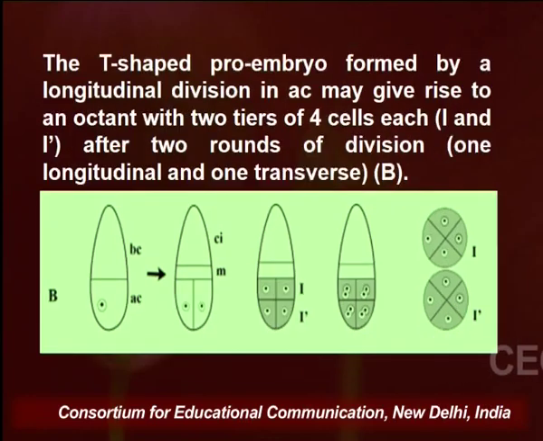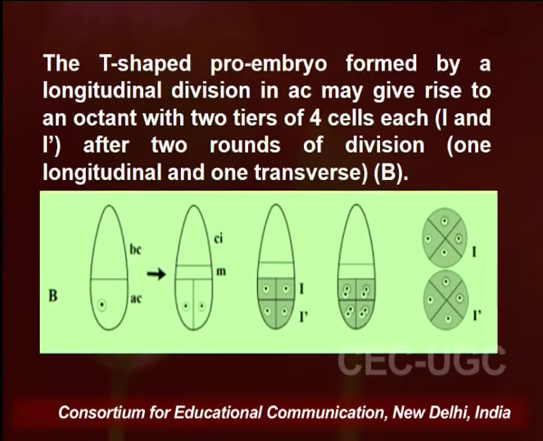The T-shaped pro-embryo is formed when the apical cell undergoes a longitudinal division instead of a transverse division. Here again an octant with 2 tiers of 4 cells each is formed, after 2 rounds of division, that is 1 longitudinal and 1 transverse.